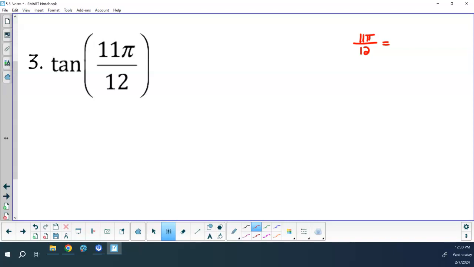15 and 4. That would be 5 pi over 4 minus pi over 3. Okay.